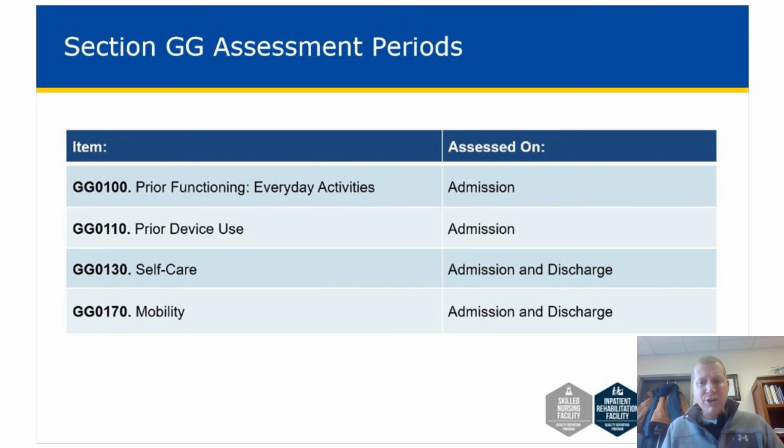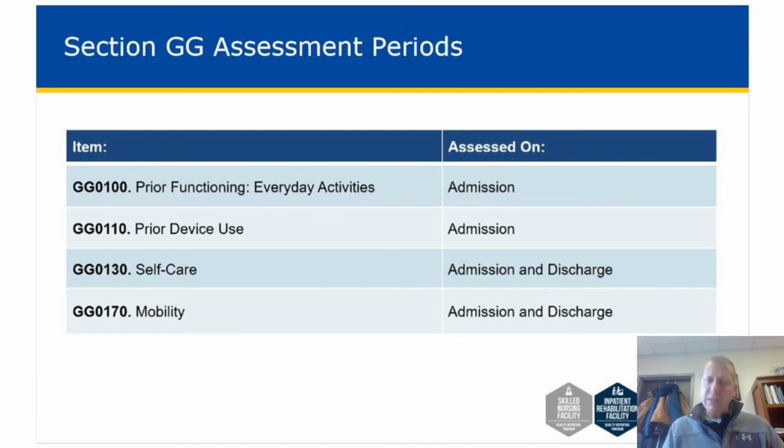At the time of discharge, we would be scoring them again, predominantly with their self-care and with their mobility. So this really helps track our outcomes, right? And we can use self-care and mobility as our outcome to see if our therapy services, or if their stay in the facility, actually increase their overall function with self-care and mobility.